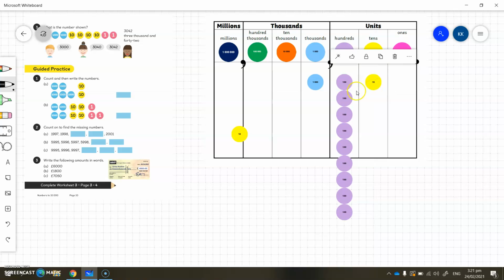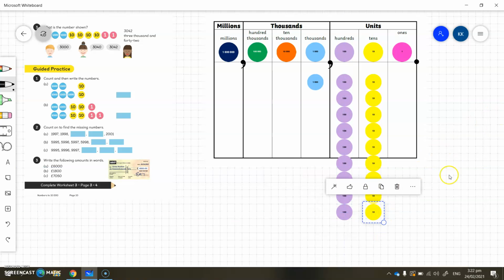1, 2, 3, 4, 5, 6, 7, 8, 9. 1, 2, 3, 4, 5, 6, 7, 8, 9 tens.